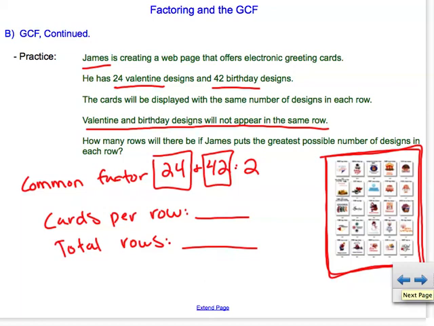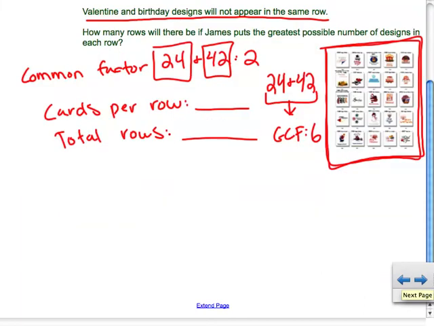All right, I hope that you're back and you're done and you have a guess. When I look at 24 and 42, I'm going to, first of all, have a light bulb moment that, hey, the GCF is going to be 6. That is the greatest common factor that goes into 24 and 42. So does that seem to work? Could I have rows of 6 cards?